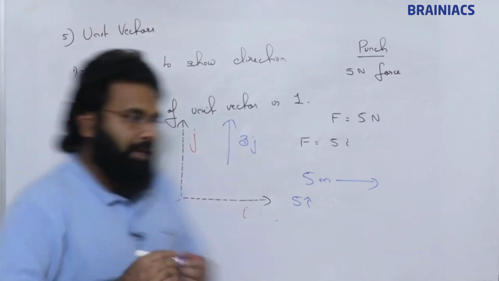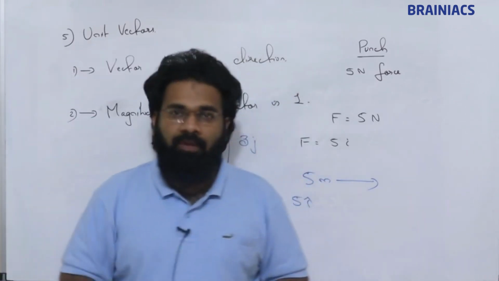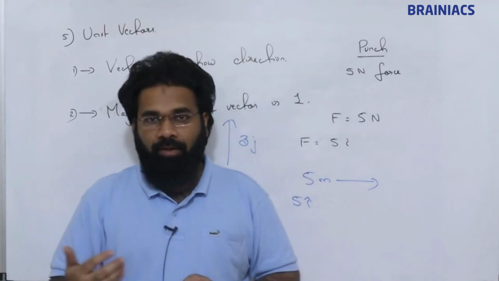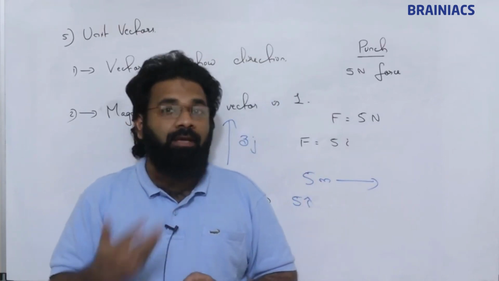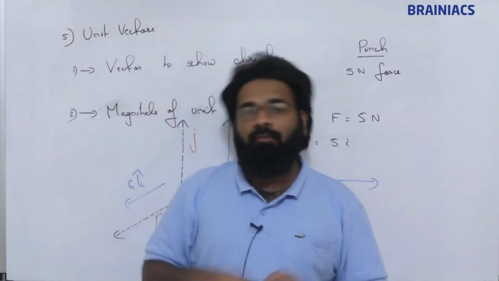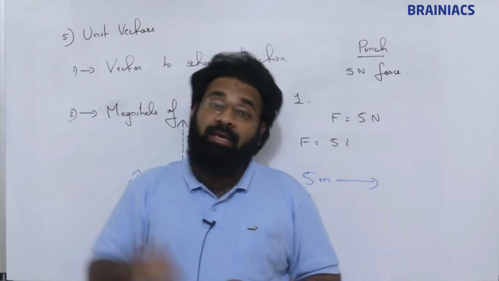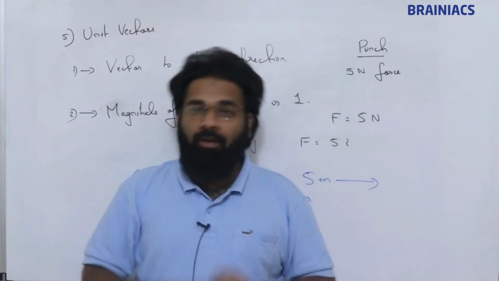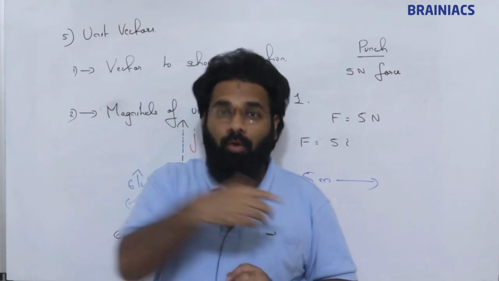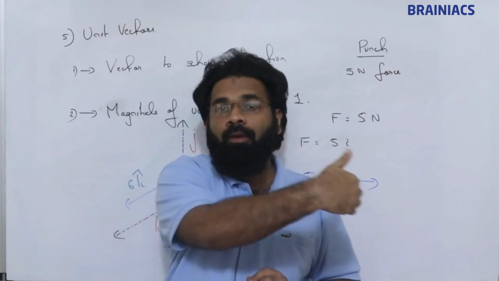Okay, so along x direction, if we say 5, we will not have any clarity whether x direction or y or z. If we say 5 meters, we don't have any idea which direction. If I write 5i, we will get an idea, oh, the displacement or distance is in which direction?